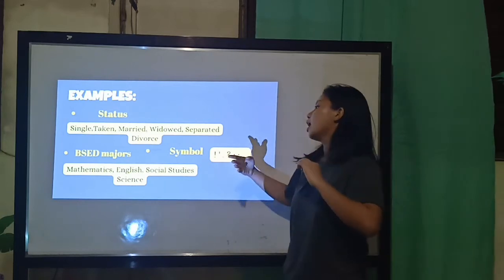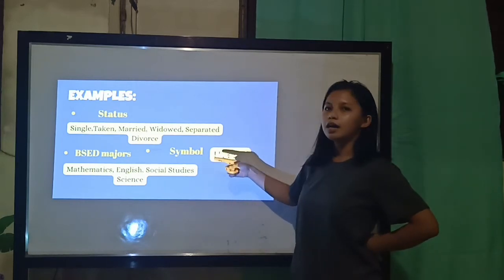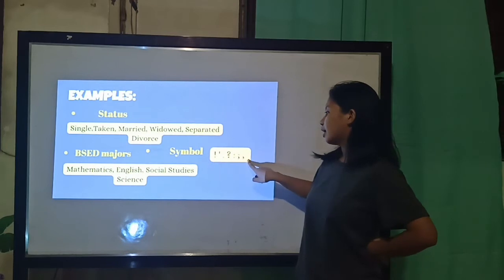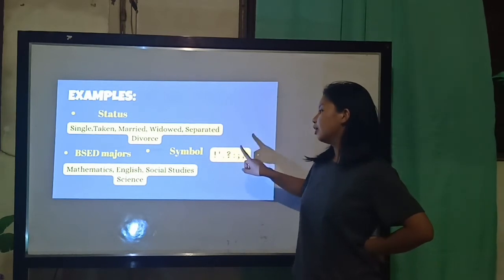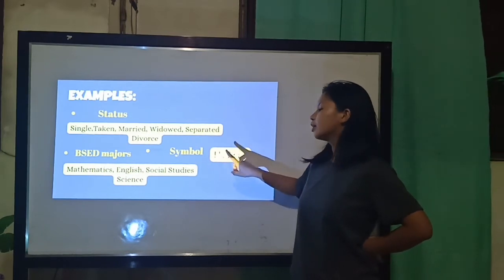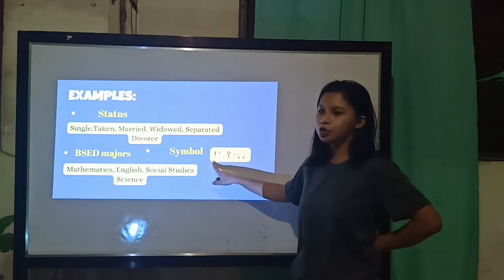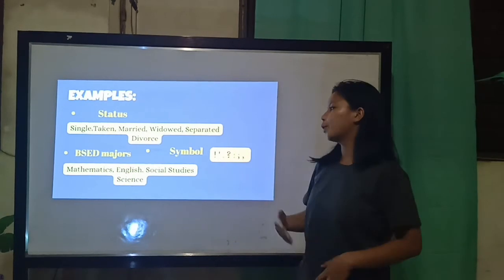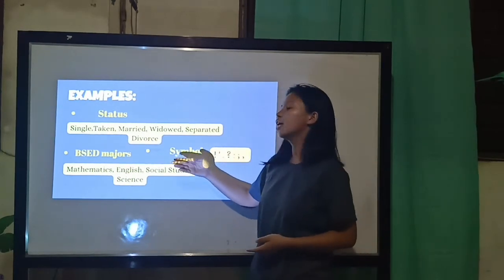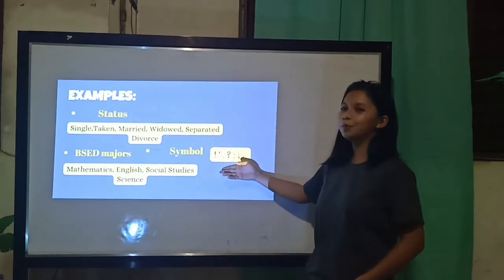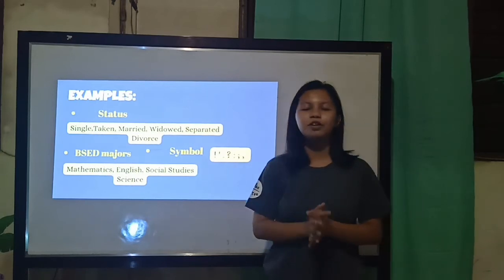Symbols can be comma, semicolon, colon, question mark, a dot, apostrophe, and an exclamation point. Again, remember our variable here is symbol and these will be our data.